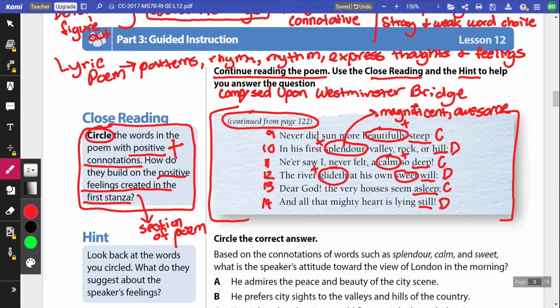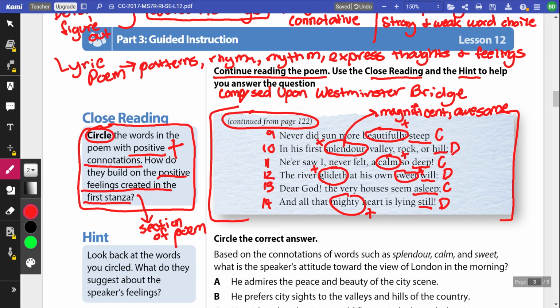And the word sweet is positive as well. We like things that are sweet, don't we? In line number 13, I didn't circle anything. But in line number 14, I circled mighty. Mighty has positive connotation. If something is mighty, it makes me feel like it's brave, it's powerful, it's awesome. And that has positive connotation behind it for sure.